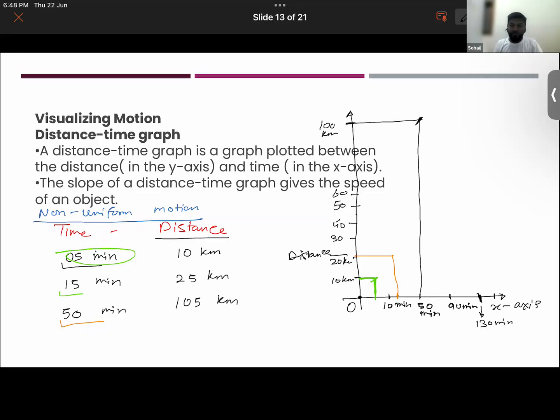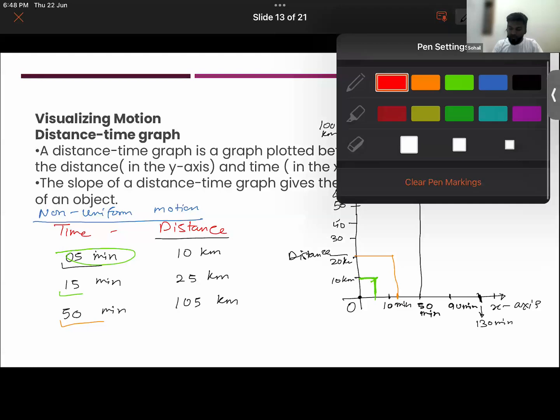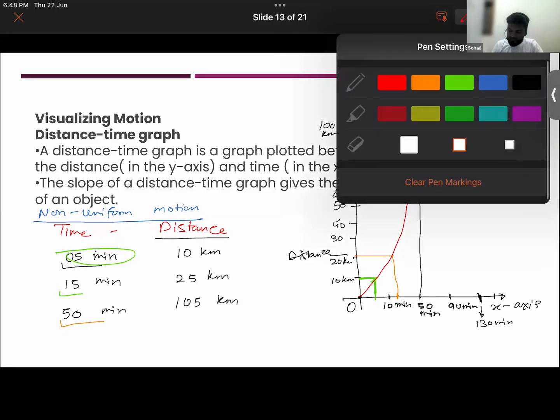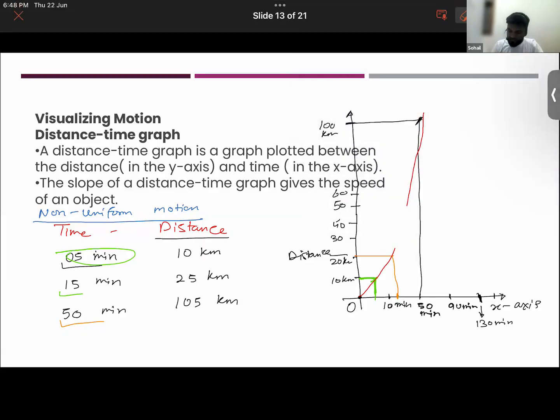Now join the points starting from 0. Let's join the points. This is not very accurate. Yes, see here. The line goes like this.